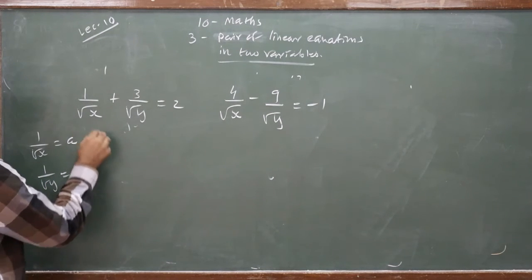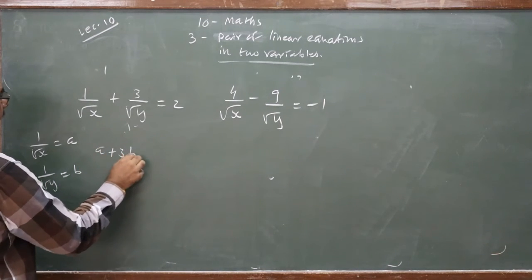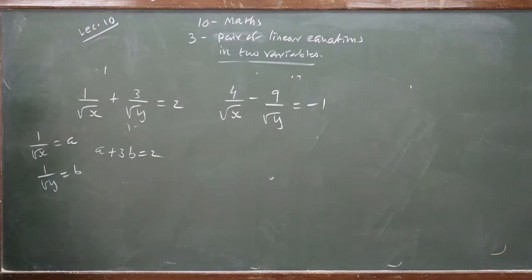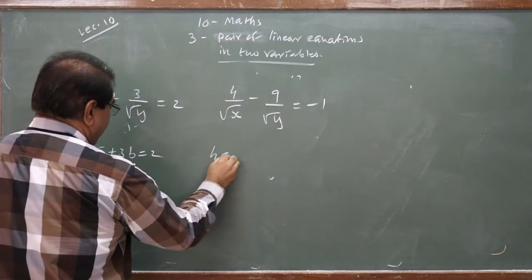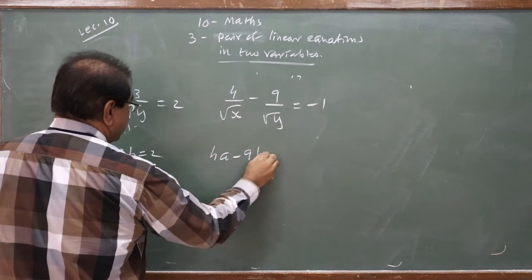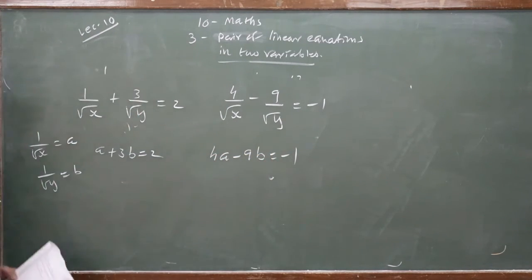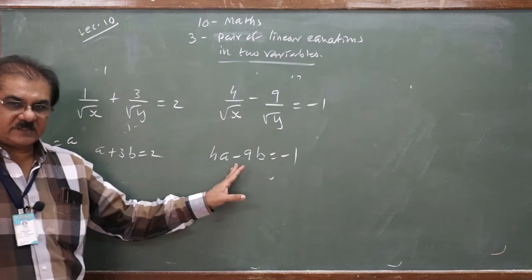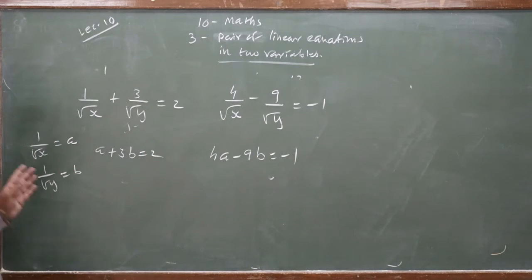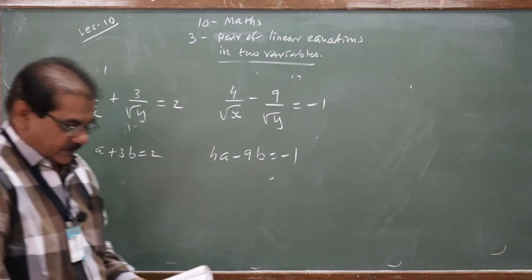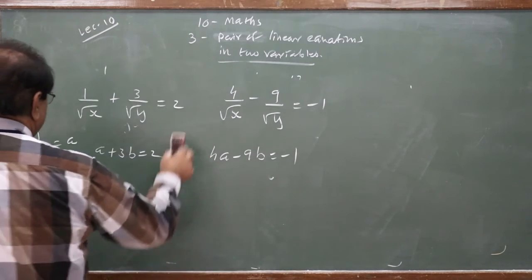So it is a plus 3b is equal to 2. And here 4a minus 9b is equal to minus 1. Okay? Solve these two equations, get the values of a and b, and then after getting value of a and b, compare with this and get the values of x and y. So this is how you can solve them.